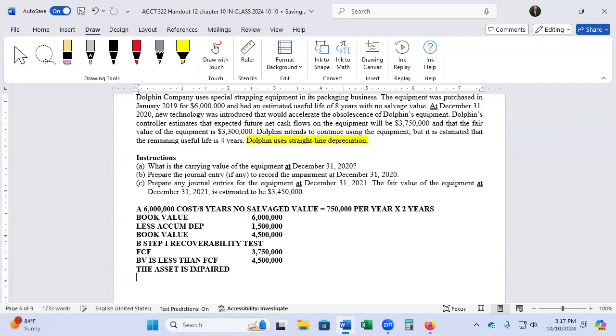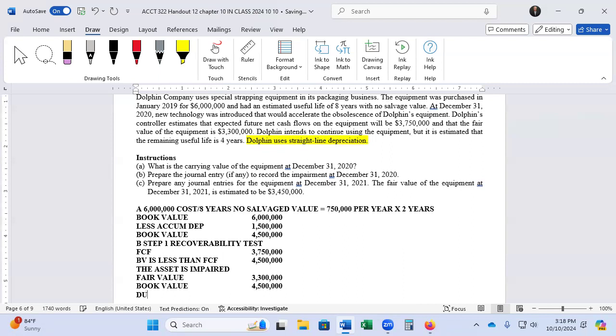And we want to take and compare the fair value. And the fair value, they said, is 3.3 million. And we're going to adjust the book value, 4.5 million.